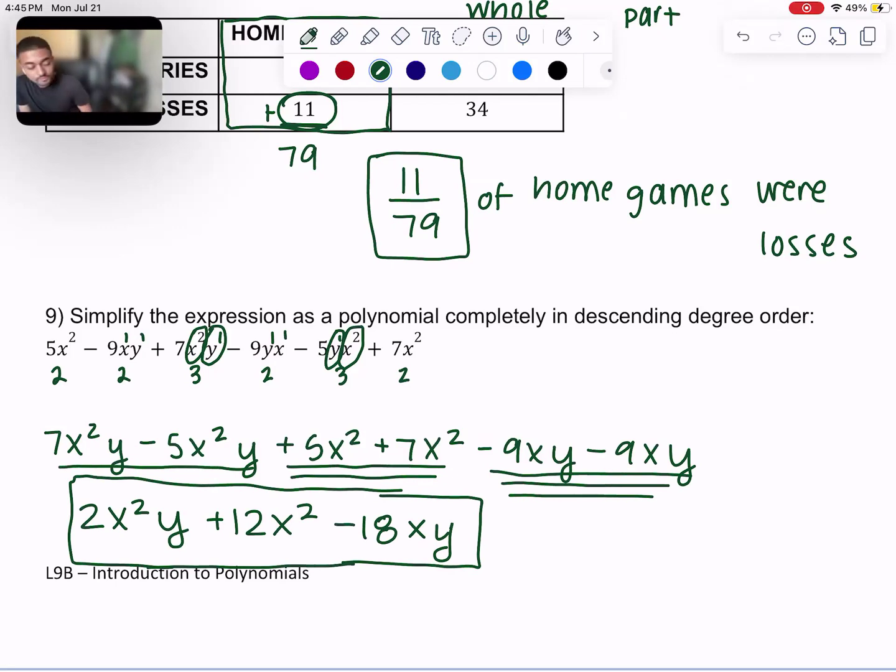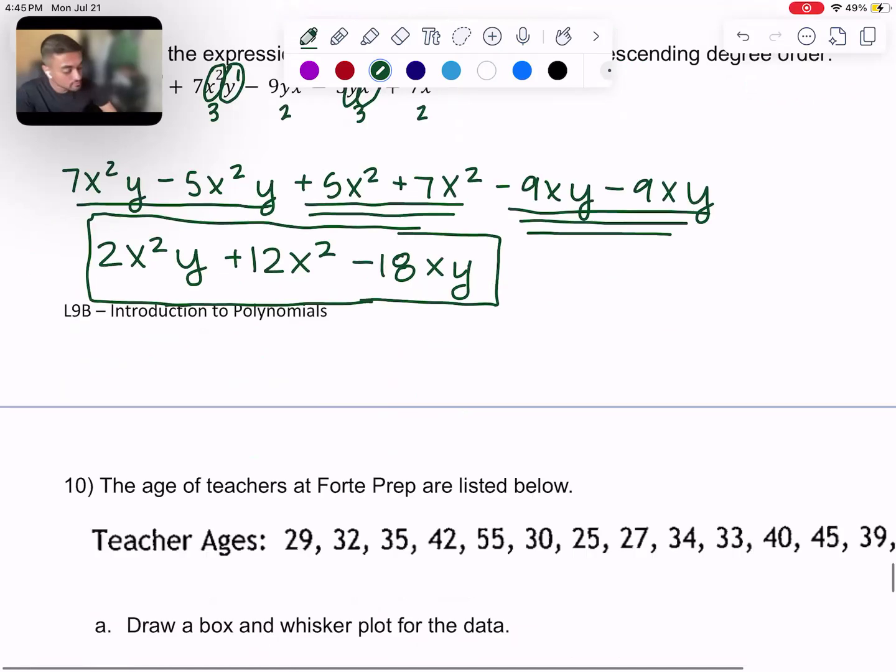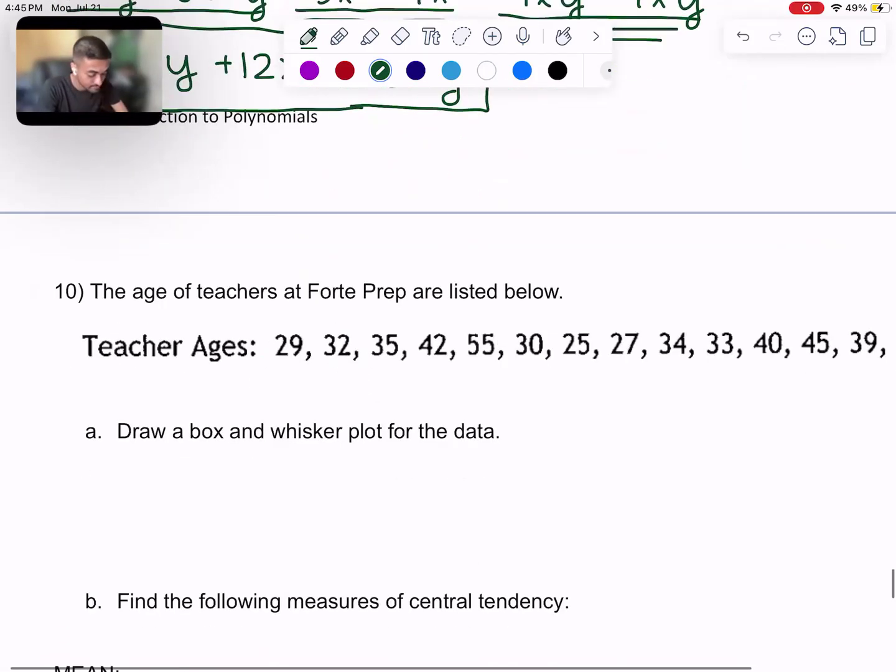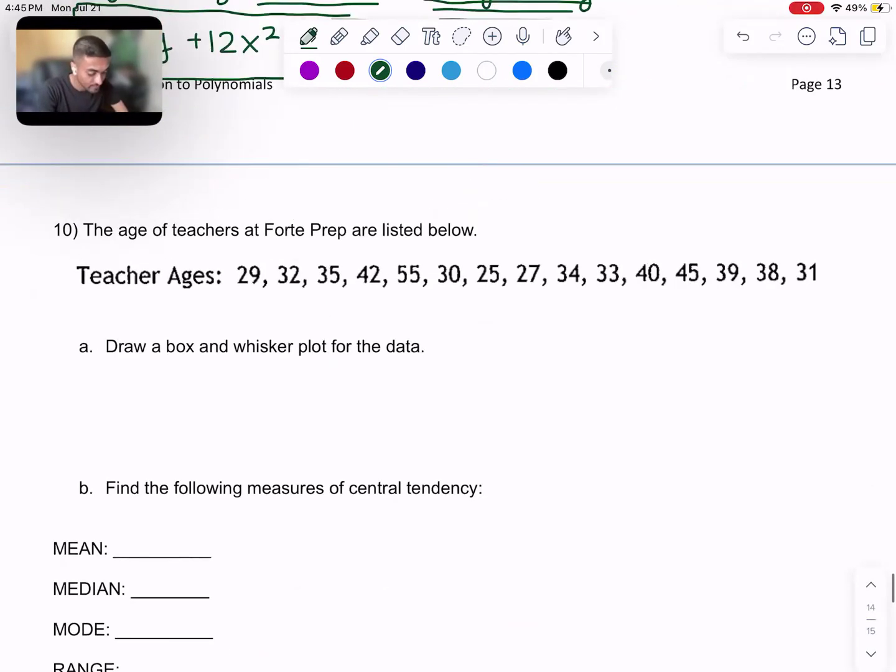Number 10. The ages of teachers at Forte Prep are listed below. So here's 15 teachers. Draw a box and whisker plot for the data. First, you need to type in this list as a letter, capital letter, D equals bracket.